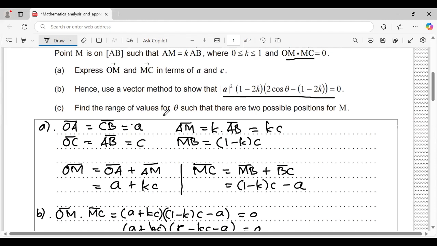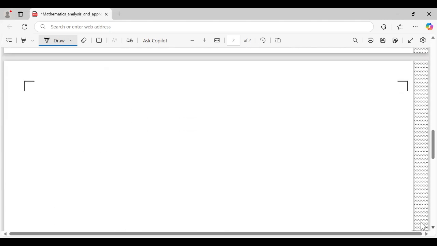Find the range of values for theta such that there are two possible positions for M. First, I would like to rewrite again the equation of cosine.